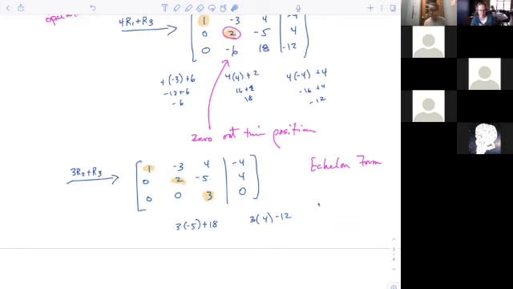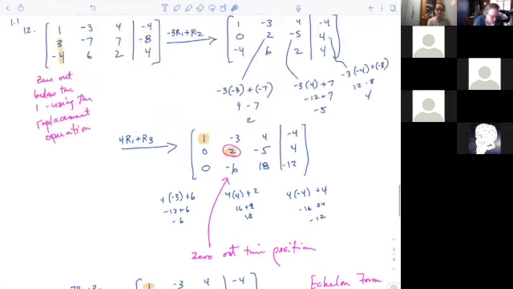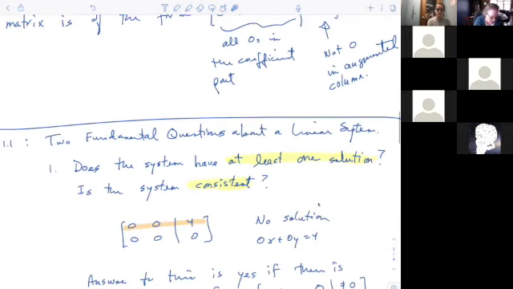Okay, so this matrix is in echelon form, which means that we can apply those 2 questions to determine how many solutions the system has. So the first question was, is the system consistent? And the answer to that, let's go back.